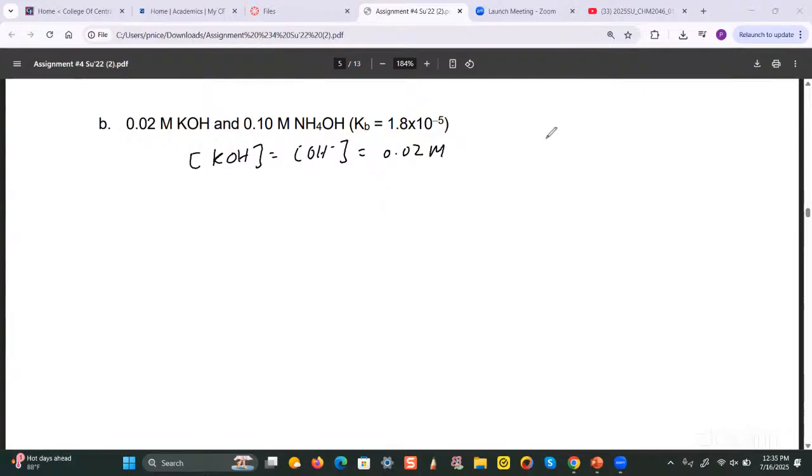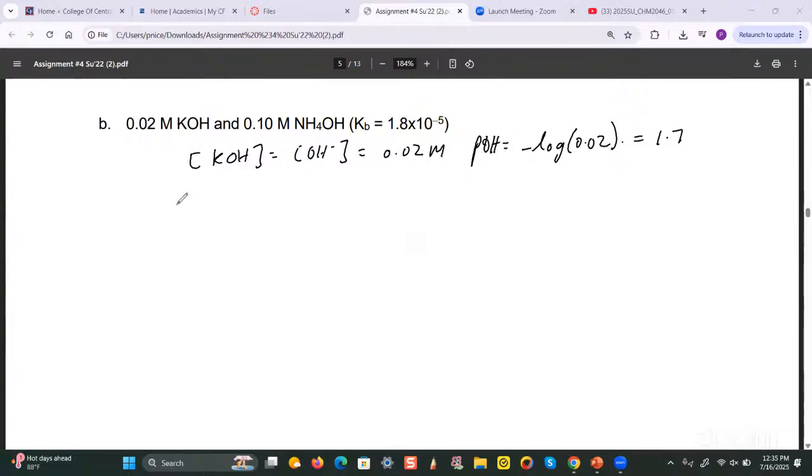So how do we find the pH from here? Minus log of the concentration of OH, which is 0.02, and that gives you 1.7, yeah. Now, please note, what you're calculating here is a pOH, right?